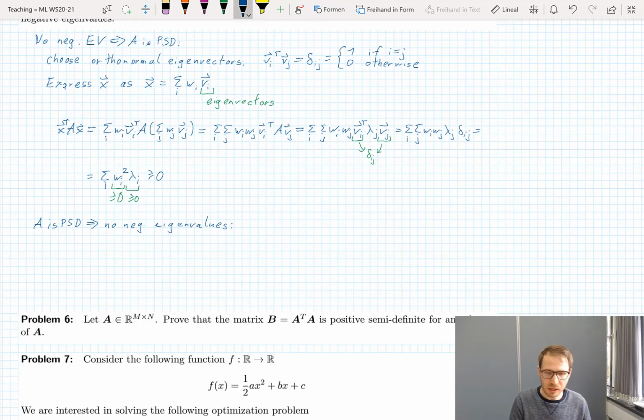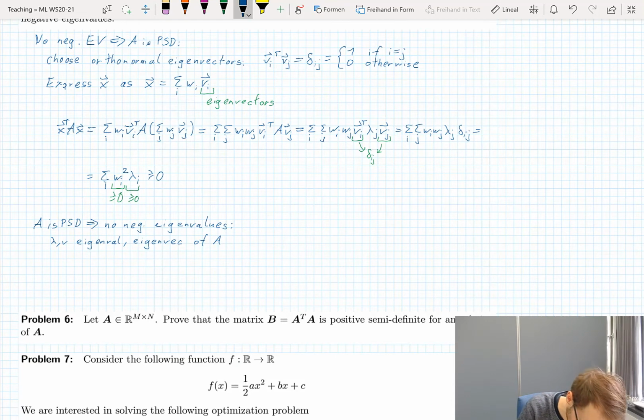So now we just say we have some eigenvalue and eigenvector, lambda and v, of A. Okay, so now we use the fact that A is PSD, and we look at the eigenvectors. So we have 0 is smaller or equal to v transposed A v. So directly look at the eigenvectors. And this is true because A is PSD.